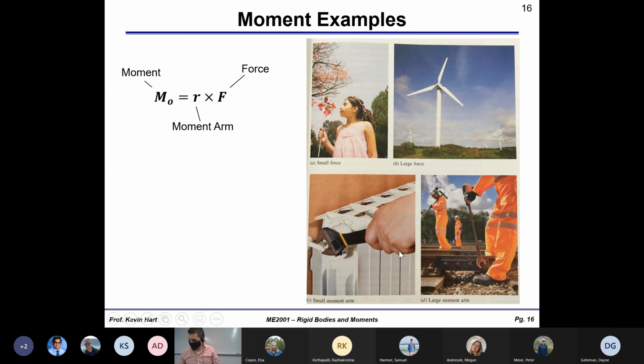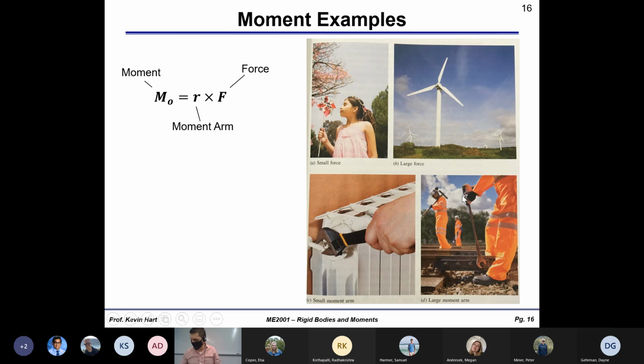This example with the wrench gives an idea of something you've probably seen before if you've ever done any handiwork with a wrench, be it large or small. This is a guy turning a wrench on a radiator that's got a relatively small moment arm, only a couple inches here, versus the guy working on this railroad tie that has a moment arm on this wrench of like 3 feet, looks like 2.5 feet or something like that, okay?